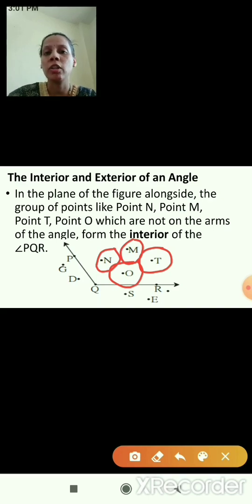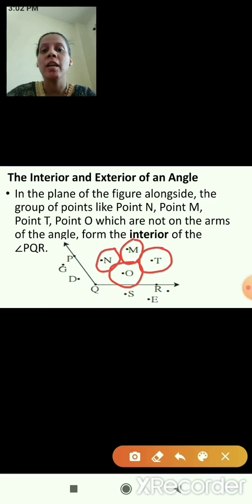This is angle PQR and the arms are ray QP and ray QR, and the vertex is point Q. So these points N, M, O and T are not on the arms of the angle, so they form the interior of angle PQR.